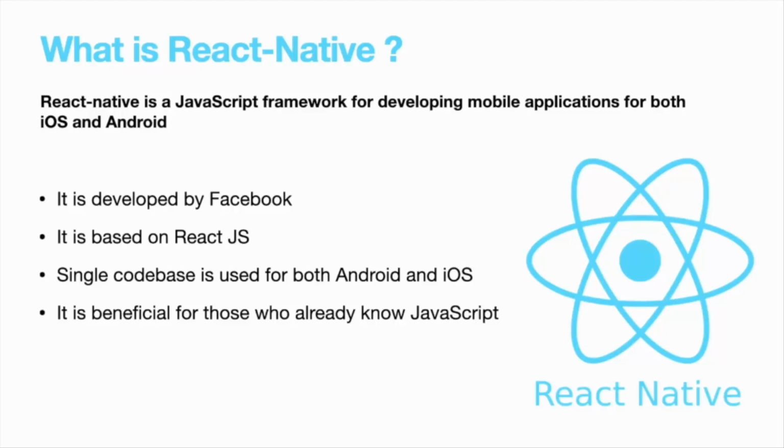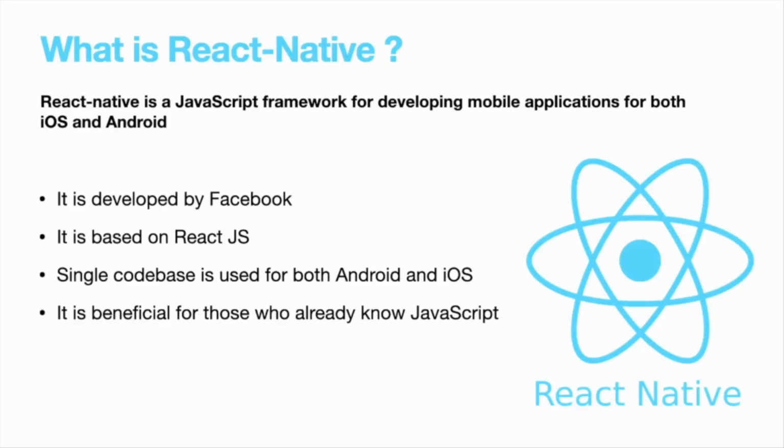If you already know React.js, then it is very easy for you to migrate to React Native. As I said earlier, a single code base is used for both Android and iOS. So you don't need to write different code to achieve the same thing for Android and iOS.